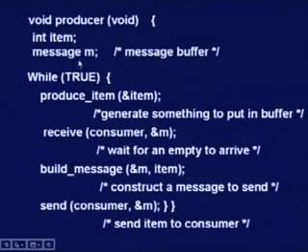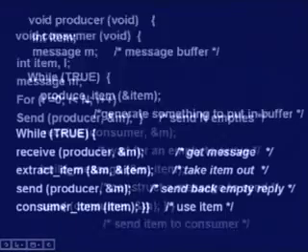The producer produces the item, that means it generates something to put in the buffer. Now it receives from the consumer an empty packet. It builds the message, that means it constructs a message to send, and sends the message to the consumer. So we are using the send primitive to send to the consumer.